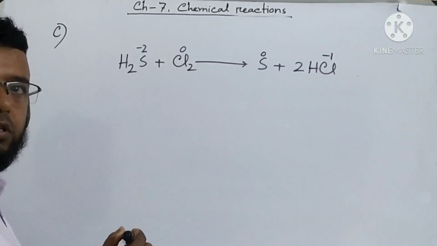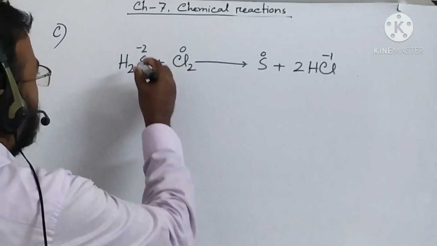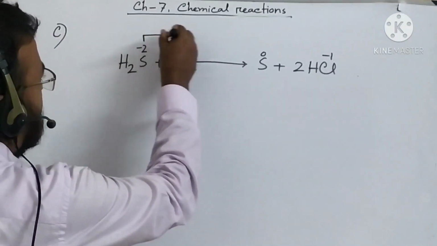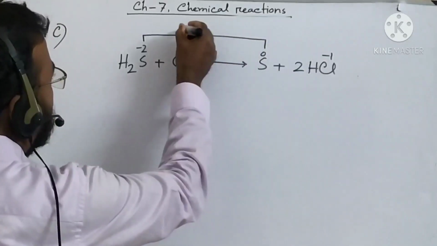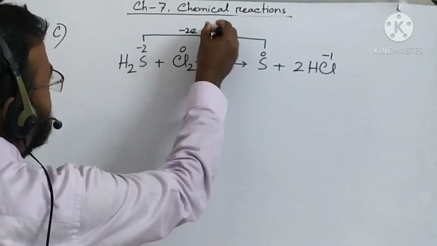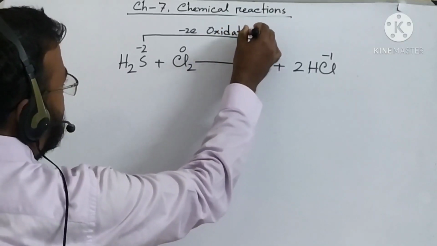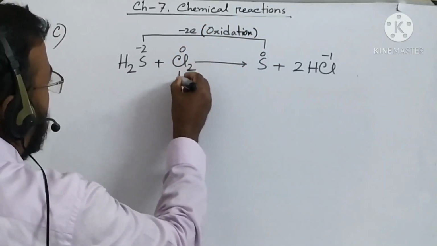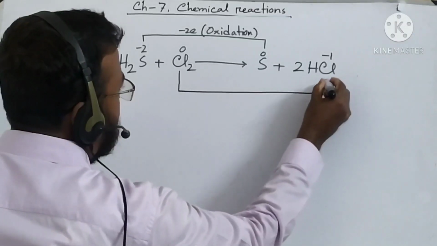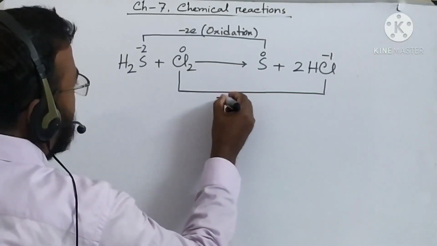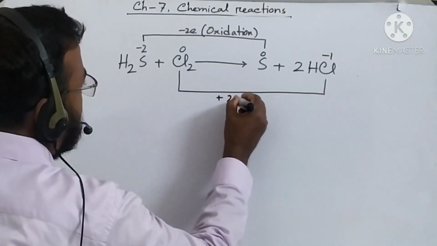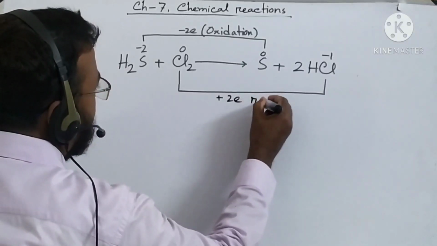Okay, now here sulfur donates 2 electrons, so it is oxidation. And chlorine receives 2 electrons, it is reduction.